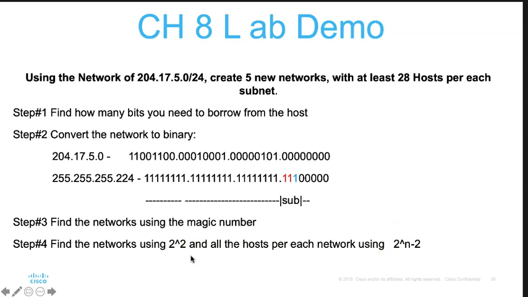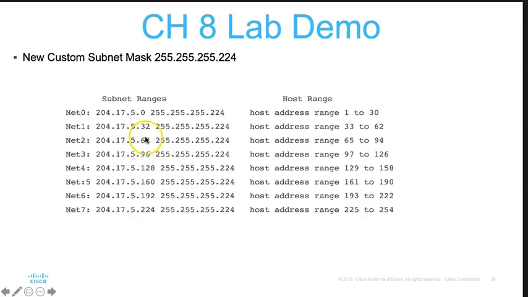If we do the math, what are we going to find out? Using the magic number like I just said, we're going to have network 0 all the way down to network 7, starting, like I said, with 0 as always the first one. 32, 64, 96. Watch how we are going in an incremental number of 32, which the magic number gave us.